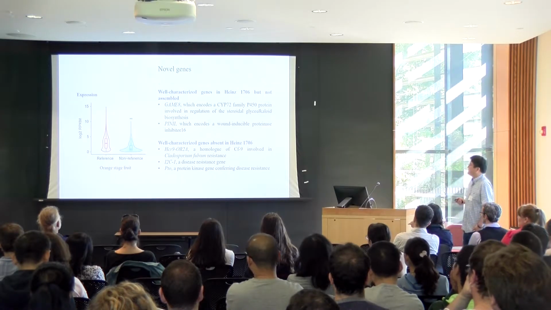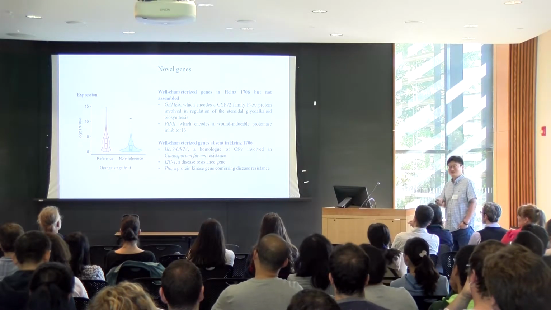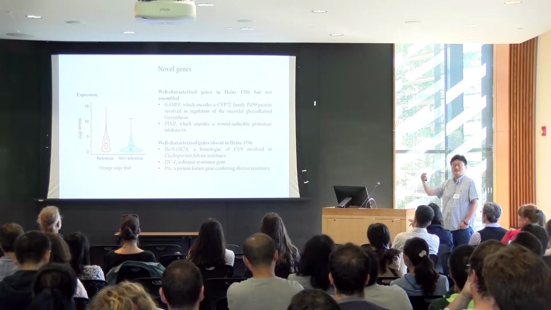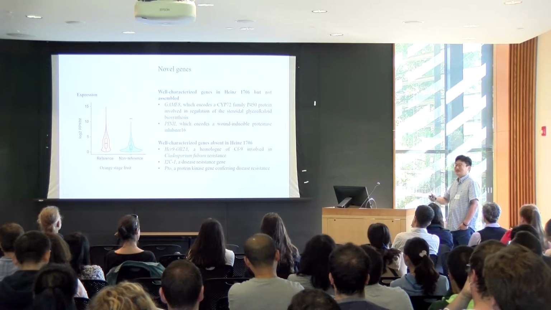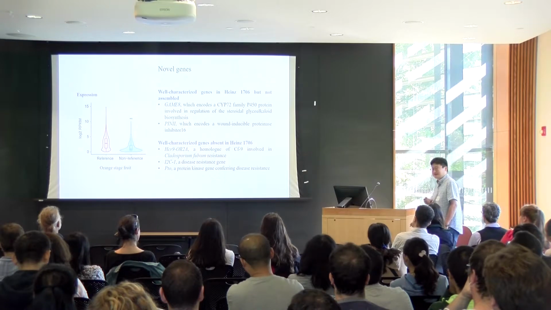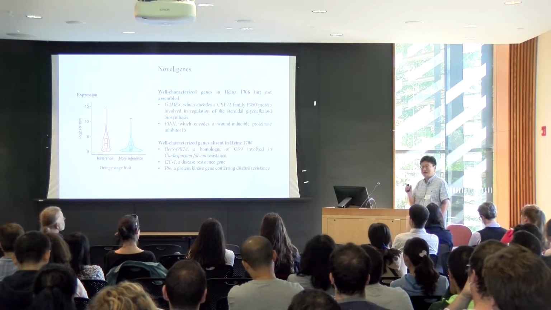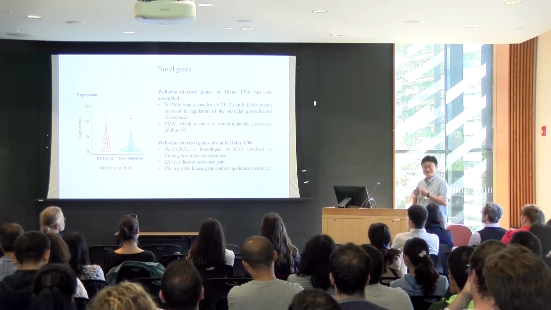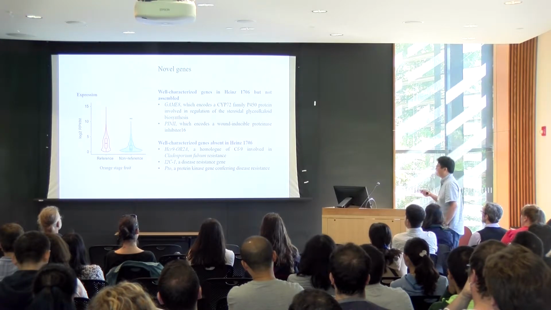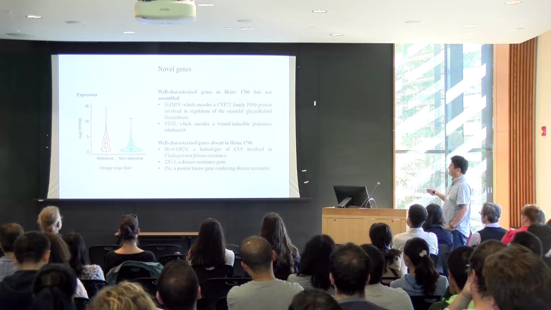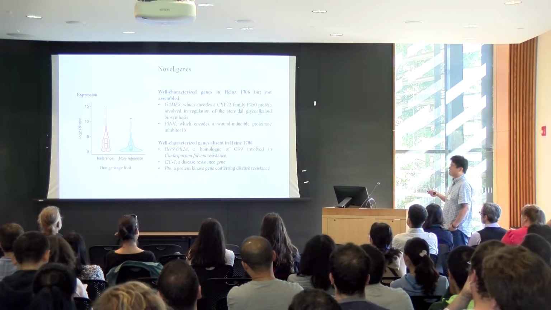We found that there are several well-known, previously well-characterized genes that are actually in the Heinz genome. They are covered by Heinz reads, but were not assembled. That includes the game A and the pin2 gene.